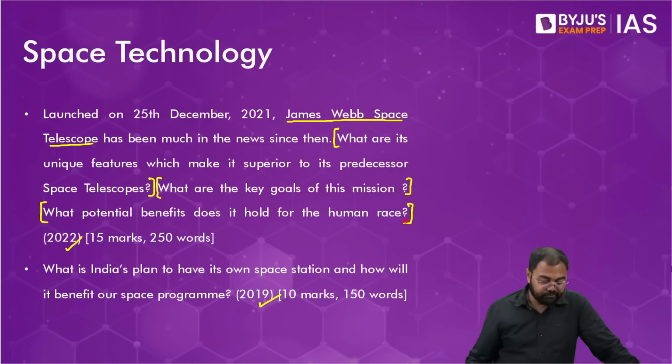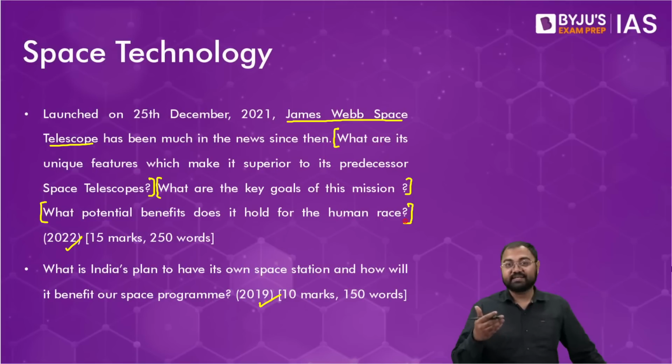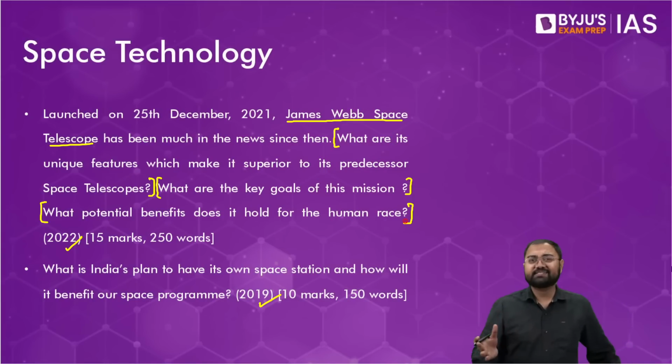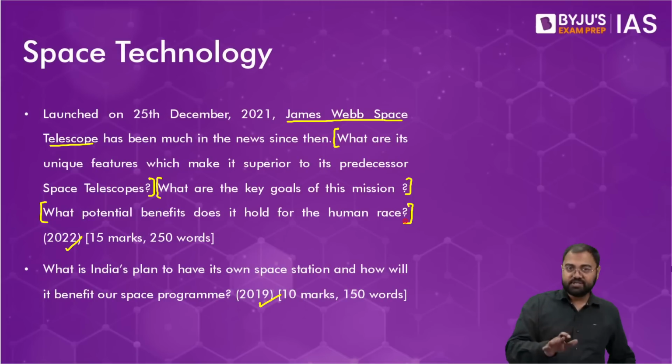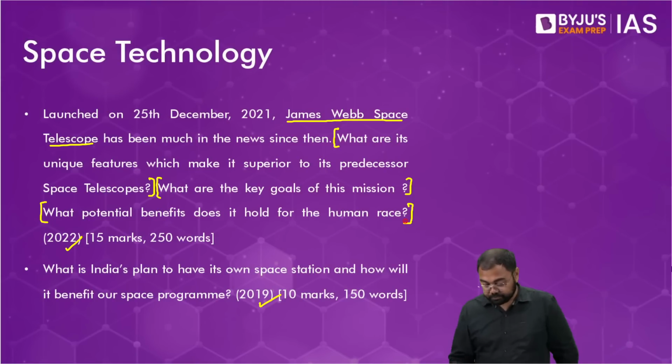So for example, first it talks about the unique features that make it superior to its predecessor space telescopes. Now, when it has mentioned predecessor space telescopes, the mention of those names is very important. For example, Hubble Space Telescope is seen as the predecessor of the James Webb Space Telescope, or even up to an extent, the Spitzer Space Telescope is also seen as a predecessor of this telescope, right?